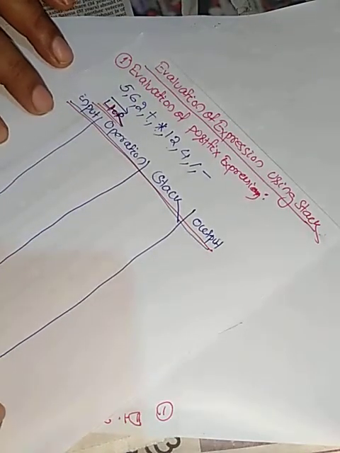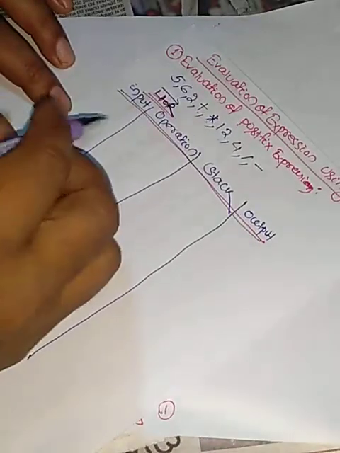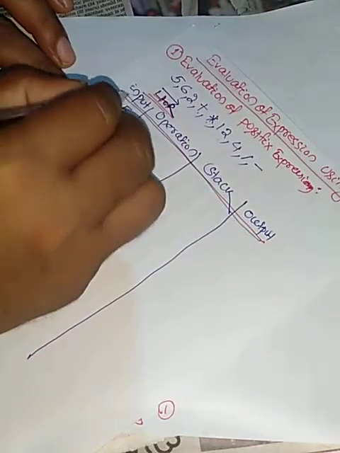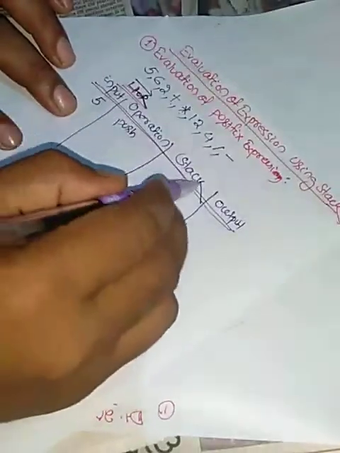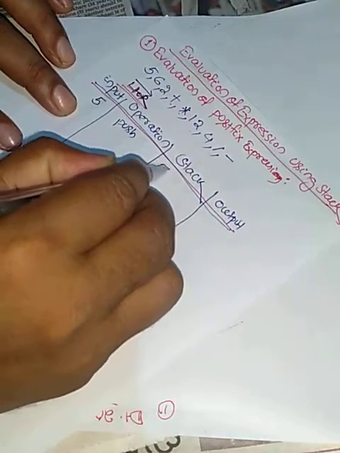The first symbol that we scan from the left is 5. So the operation is push. After pushing to the stack, the stack contains 5 and there is no output here.